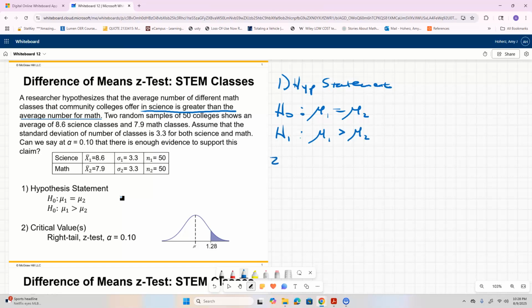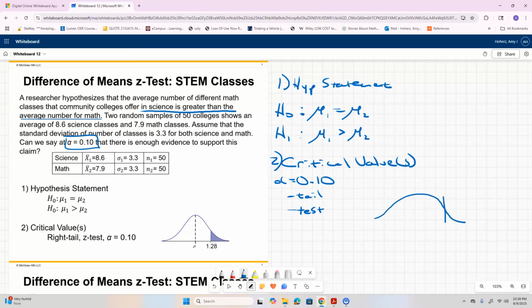So our second step, the same as always, is we're going to find a critical value or values. So we need to know, just the same as in the past, what's the alpha, how many tails is it, and what kind of a test is it? Well, our alpha level is 0.10. It is a one-tail test because we're only looking at greater than.